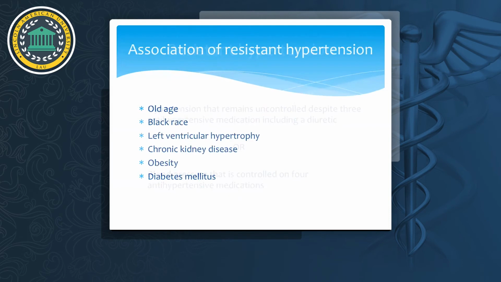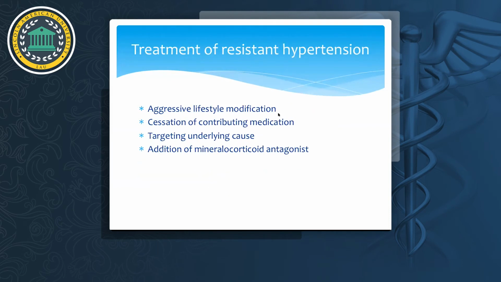So basically, before you evaluate a patient with resistant hypertension, you have to make sure that there are no contributing medications or factors which are not letting his blood pressure get controlled. And then you have to add a mineralocorticoid antagonist to treat resistant hypertension. My question to you is, what is a mineralocorticoid antagonist?